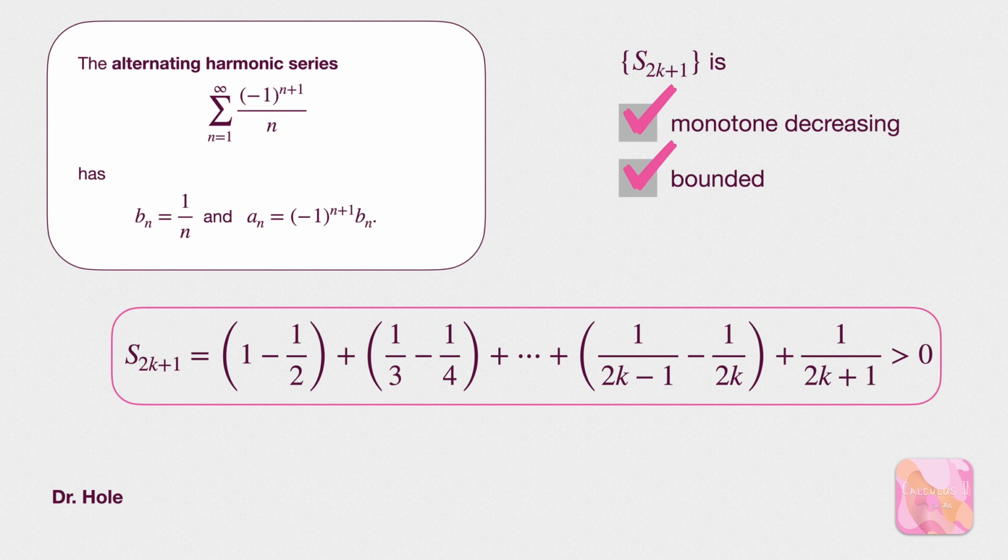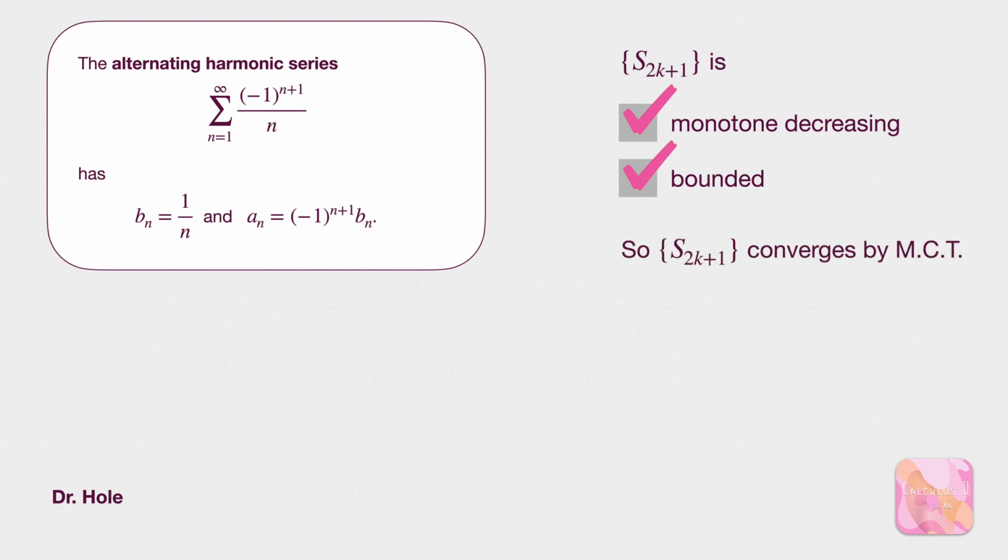Very nice. Well, that gives us good information. It puts in our hand the notion that the odd indexed partial sums converge. They converge by the monotone convergence theorem. Now, we can repeat similar arguments applied to the even indexed partial sums and also get convergence of that sequence of terms.